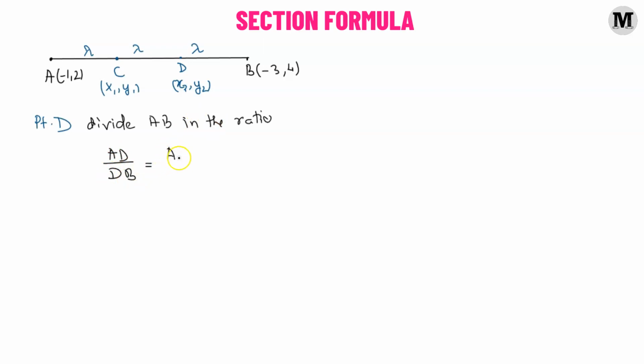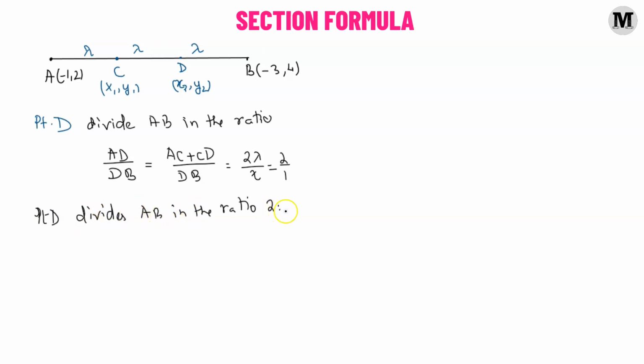AD is nothing but the sum of AC plus CD. We'll substitute the values, so we have 2 lambda divided by lambda. Here lambda and lambda cancel out, so we have the ratio 2:1. So point D divides the line segment AB in the ratio 2:1.